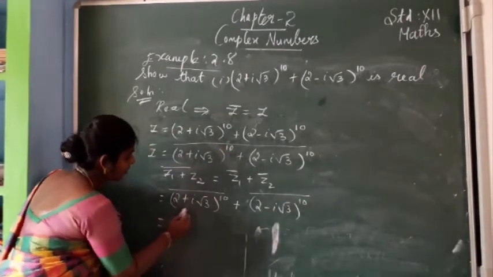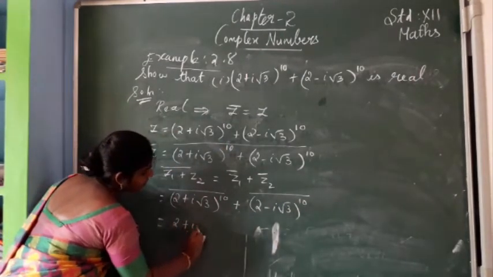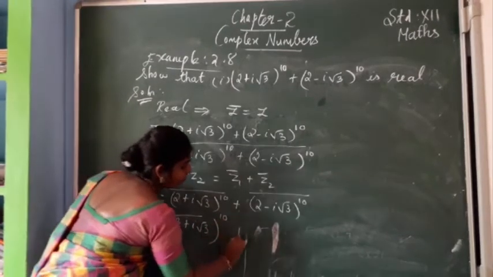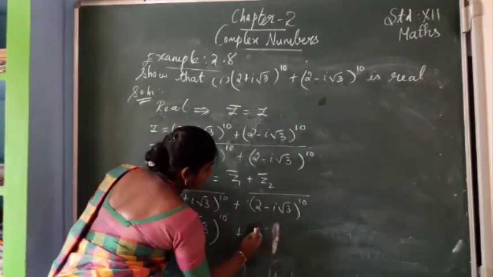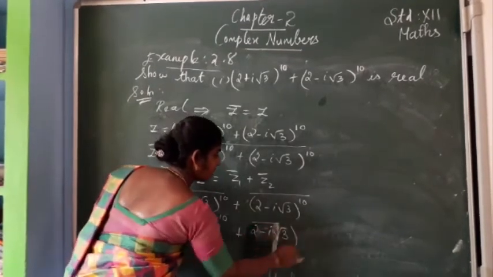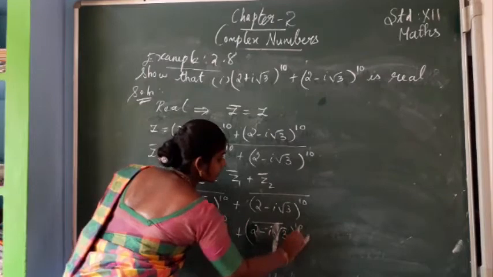That's equal to ((2 plus i root 3) bar) the whole power 10 plus ((2 minus i root 3) the whole bar) the whole power 10.